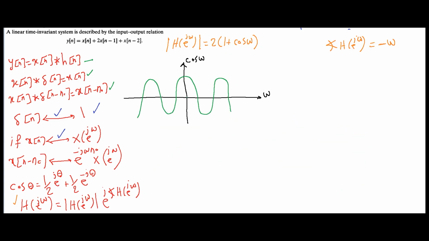Sketching the magnitude response. Let's now sketch the magnitude response. We begin with the graph of cosine omega. Adding 1 shifts the entire curve upward by 1 unit. As a result, the minimum value becomes 0 while the maximum value becomes 2.